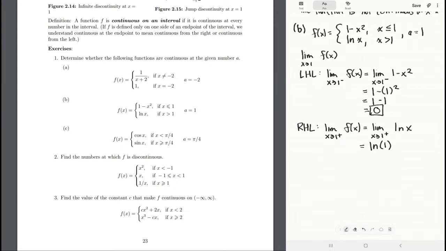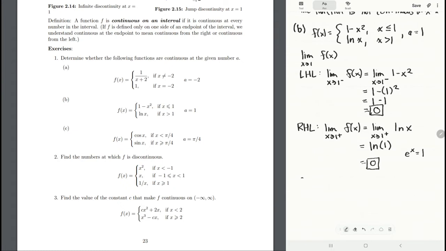And what is the natural log of 1? Well, this is equal to 0. It's the exponent on the base of e so that the result is equal to 1. And if the exponent is 0, then e to the 0 will be equal to 1. And so the natural logarithm of 1 is 0.